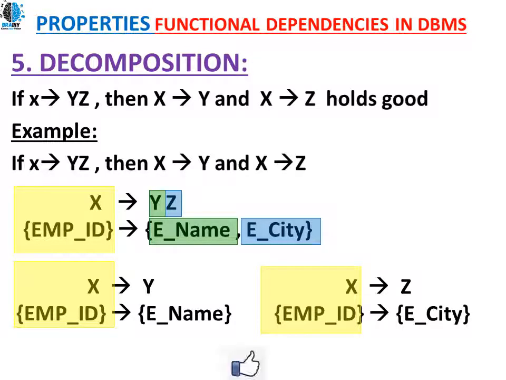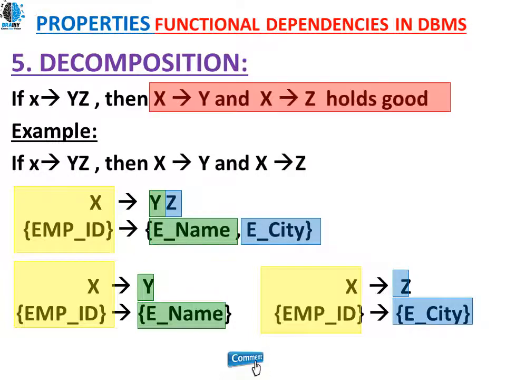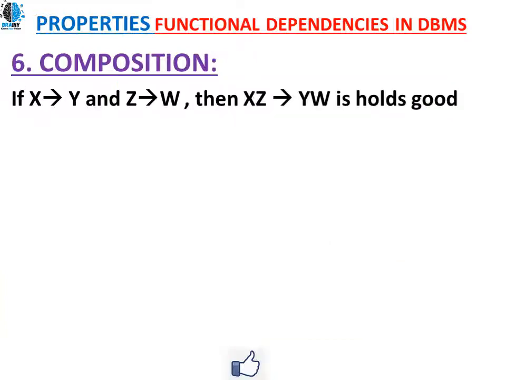So in this way I can show the decomposition property of functional dependency. The decomposition property of functional dependency is a reciprocal of union, right? So this also holds good. The last property of functional dependencies in DBMS is composition.